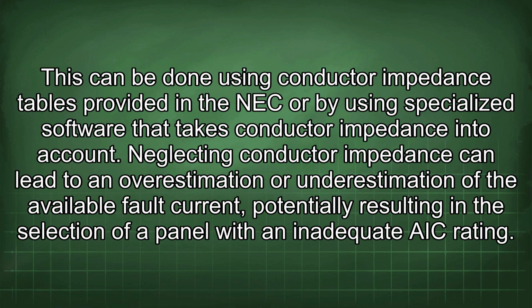This can be done using conductor impedance tables provided in the NEC or by using specialized software that takes conductor impedance into account. Neglecting conductor impedance can lead to an overestimation or underestimation of the available fault current, potentially resulting in the selection of a panel with an inadequate AIC rating.